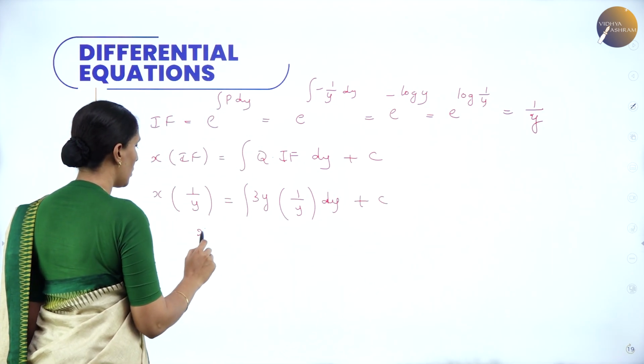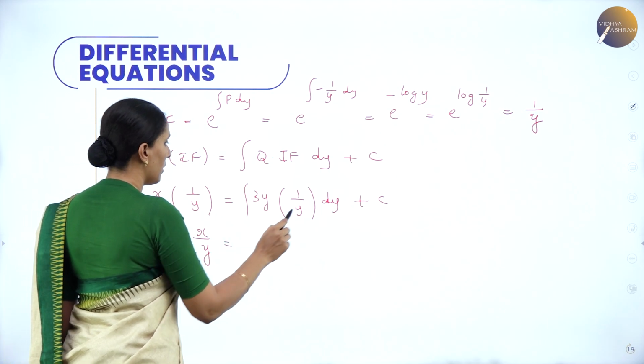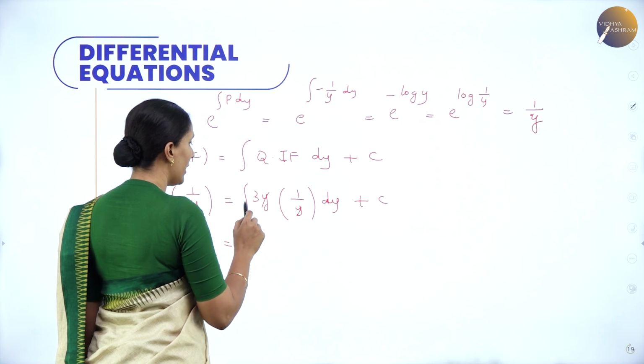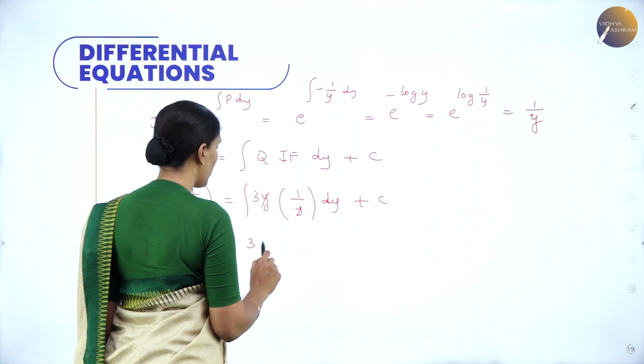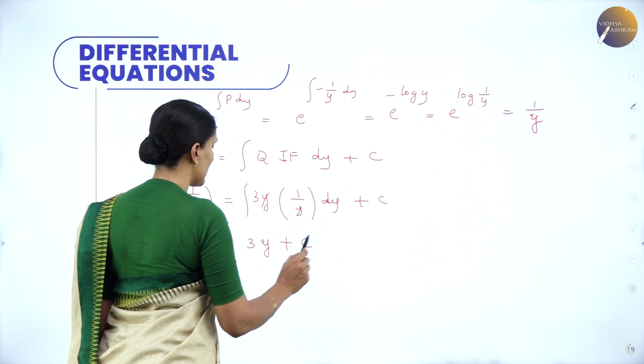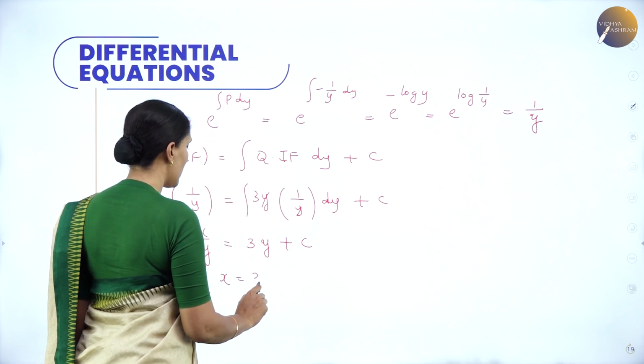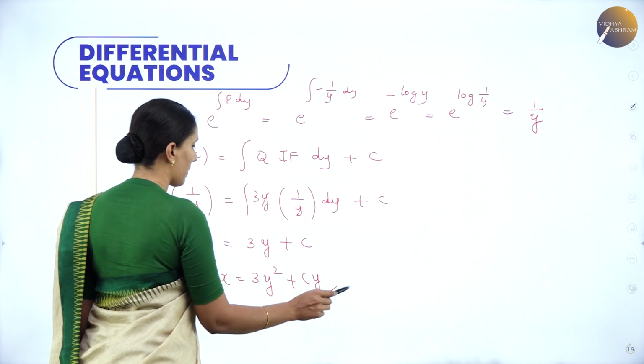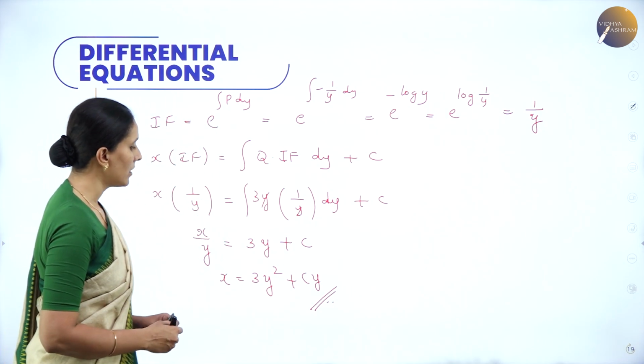So we are left with x by y here, y cancels, integration of 3, or we can keep 3 outside, integration of 1 with respect to dy is y plus c, or we can write x is equal to 3y square plus cy. So this is the required solution.